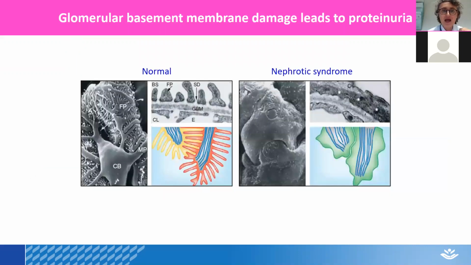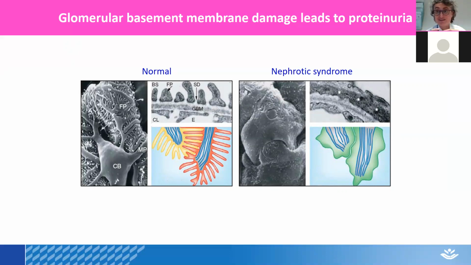When you have damage of the glomerular basement membrane, this very fine structure of all these little foot processes that are tightly connected one to the other and connected to the capillary vessel walls becomes ruined. You have loss and passage into urine of substances that are precious, that you're not supposed to eliminate.